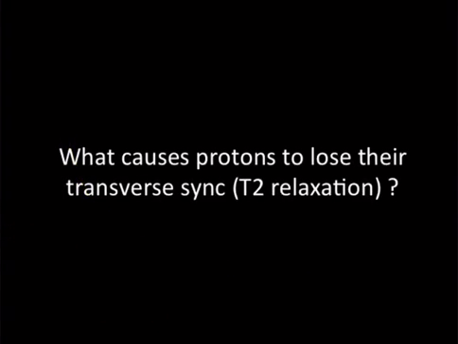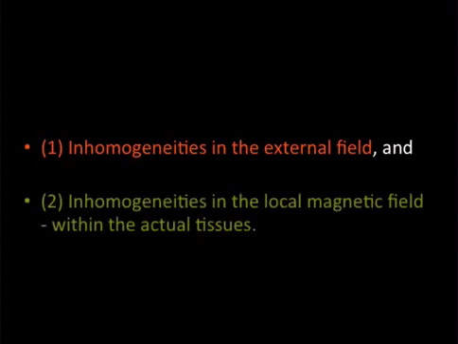So what causes protons to lose their transverse sync, what causes this T2 relaxation? The first thing is inhomogeneity in the external field. And the second thing is inhomogeneity in the local magnetic field, the stuff that's actually within the tissues.